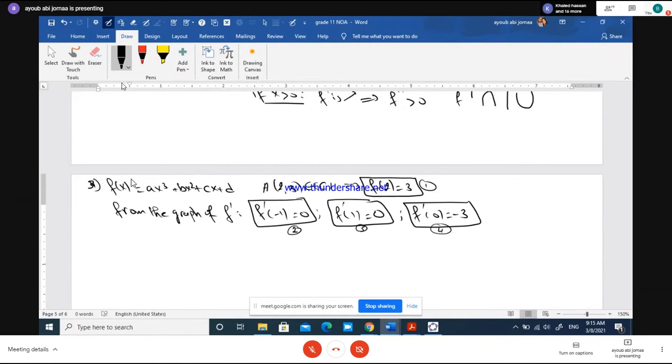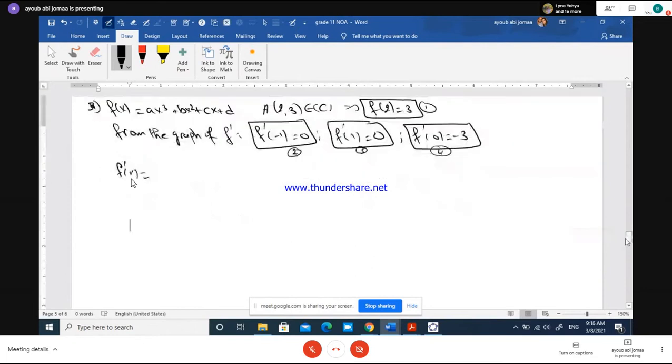Well, we have the derivative, so let's find f prime of x. Then f prime of x is equal to 3ax squared plus 2bx plus c, the derivative of d is 0.